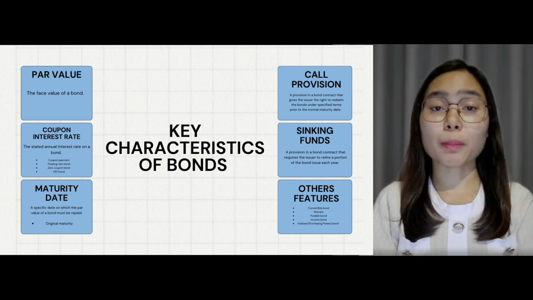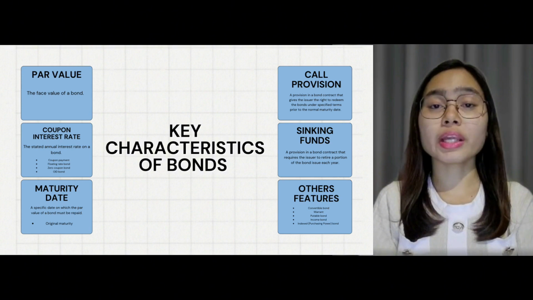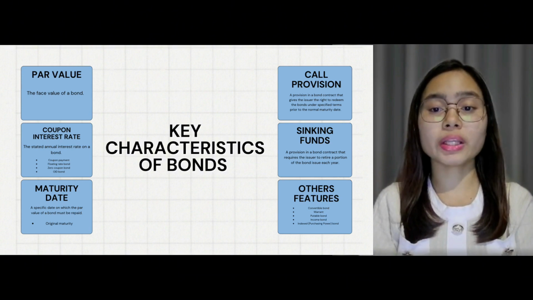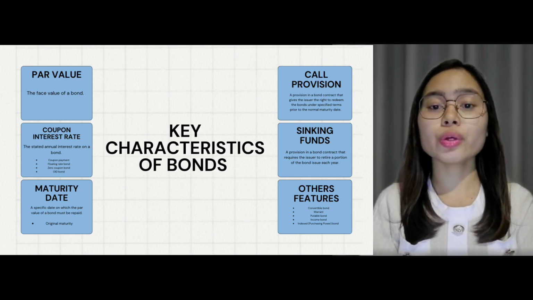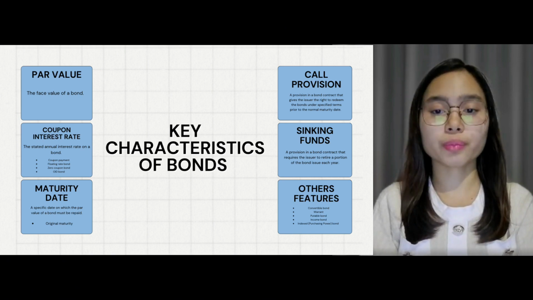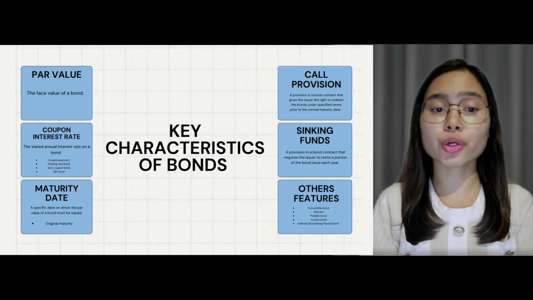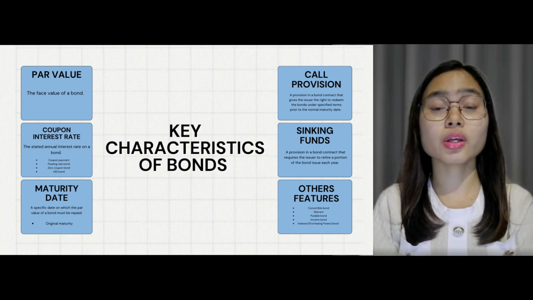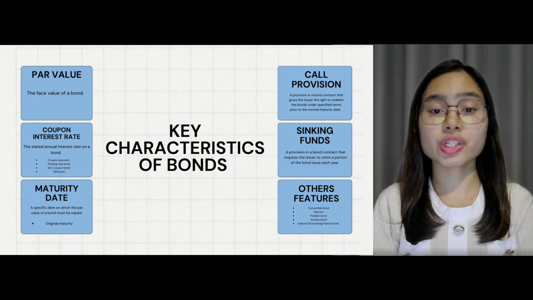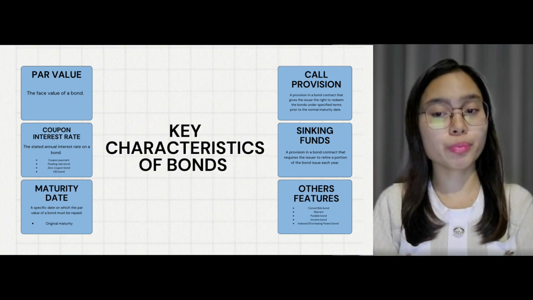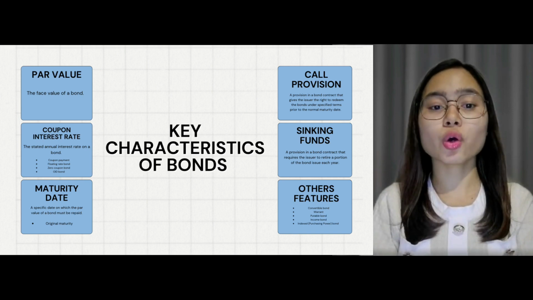So, for example, the call premium on a 10-year bond with a 10% annual coupon and a par value of $1,000 would be $100, which means that the issuer would have to pay investors $1,100, which is the par value plus the call premium, if they wanted to call the bonds.